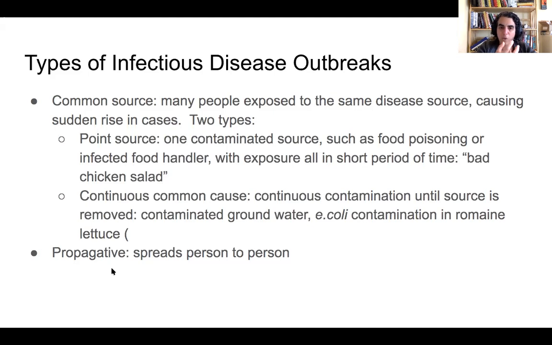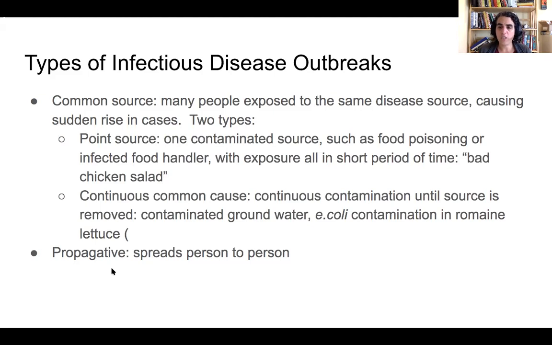There was this single batch of bad food, sometimes it can be a food handler who is infected with something, who exposes a large number of people in a short period of time, causing a sudden outbreak that then all goes away. So the bad chicken salad that we talked about on the very first day of class at camp, that will be a point source outbreak.